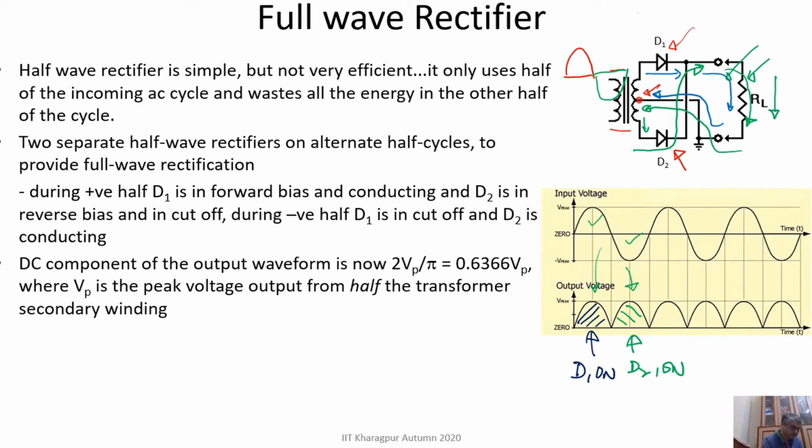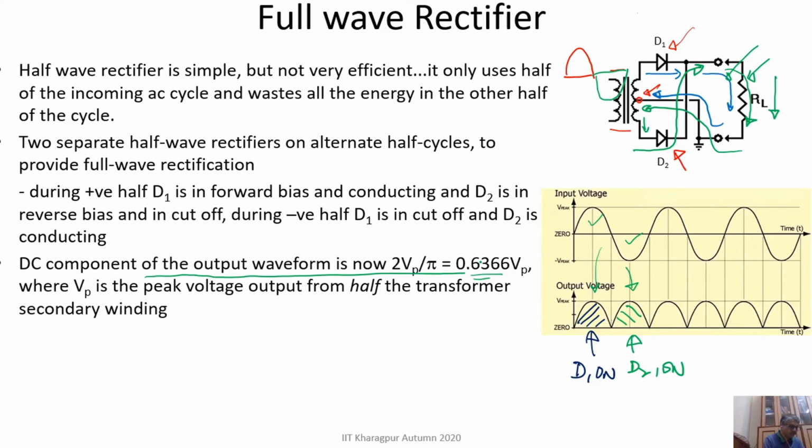Here it is possible to show that the DC component of the output waveform is 2 Vp over pi, where Vp is the peak input signal. So this is a full wave rectifier, simply because at the output we get both the positive half and negative half of the input signal, but in the same direction.